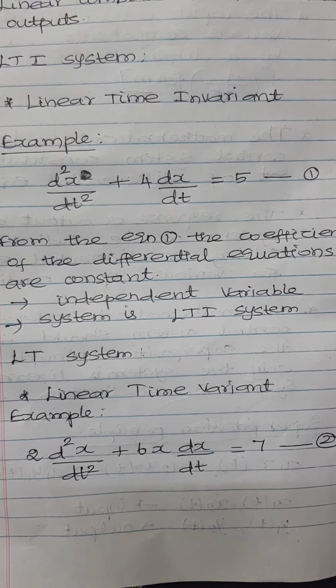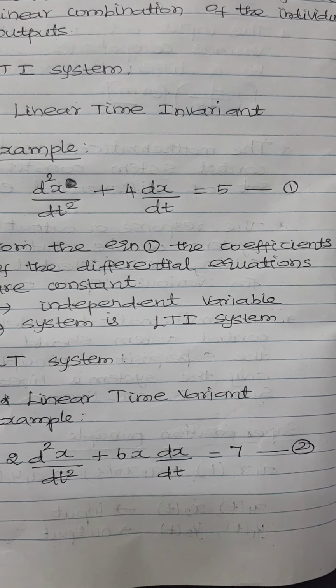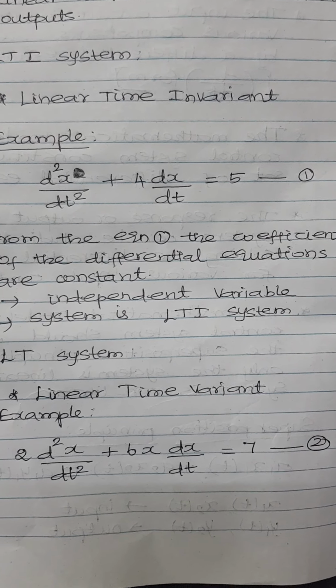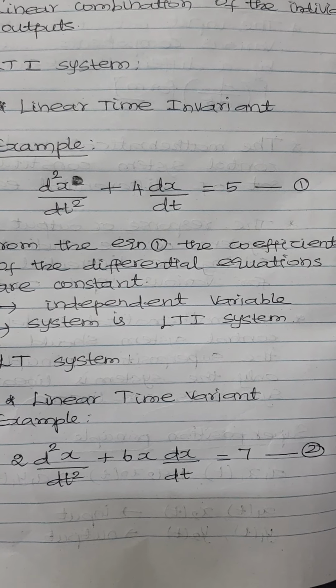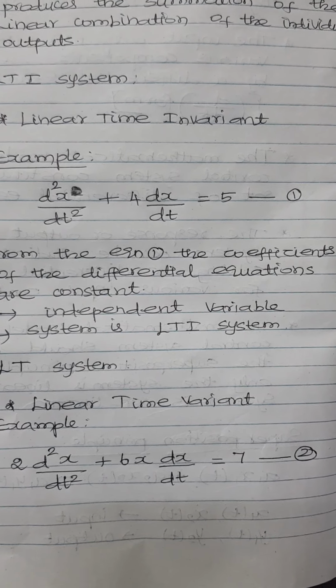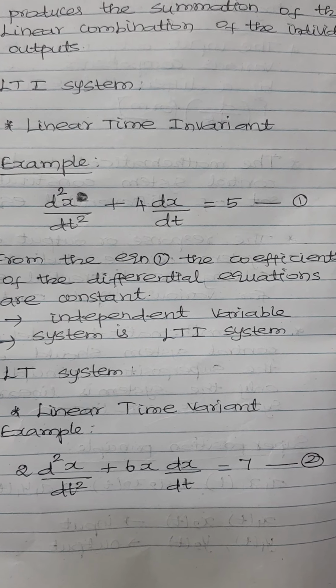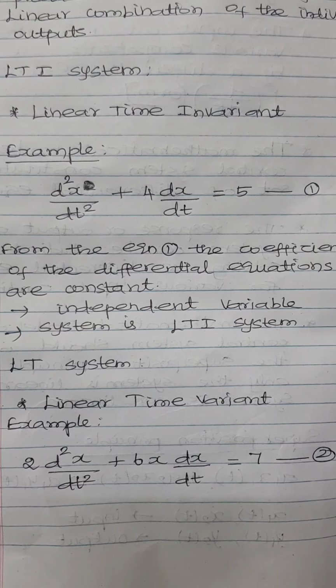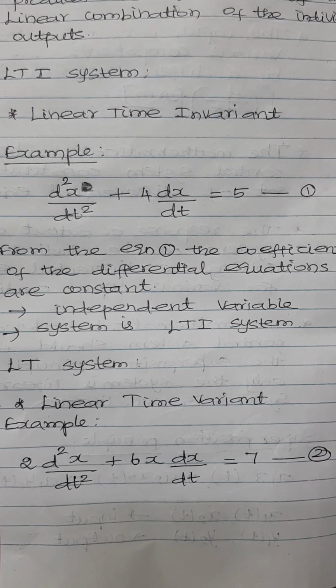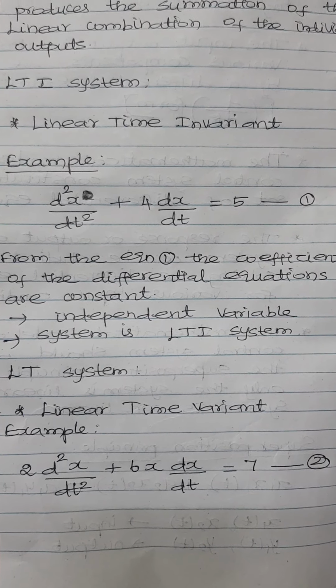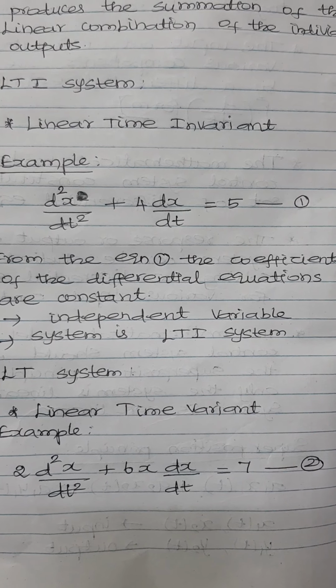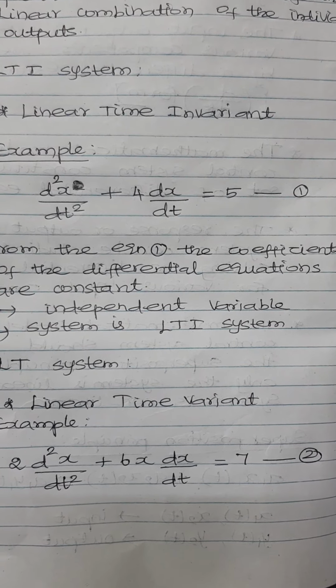It is a function of time, not a constant value. To satisfy the linearity or time invariant system principle, all the coefficients should be constant. Here one coefficient is with respect to time, so it is a time variant system.